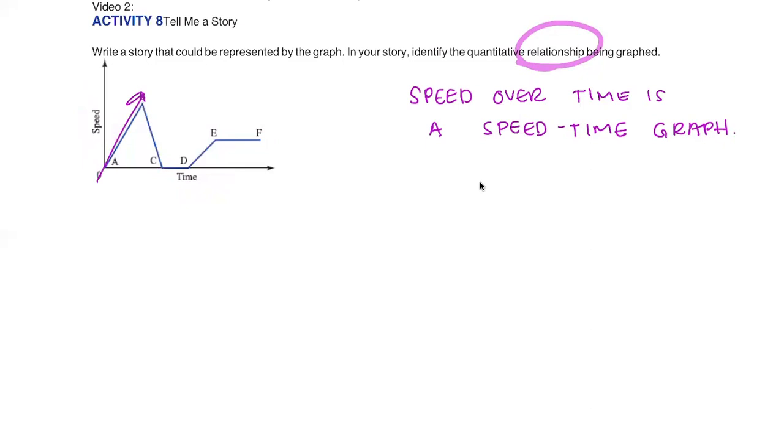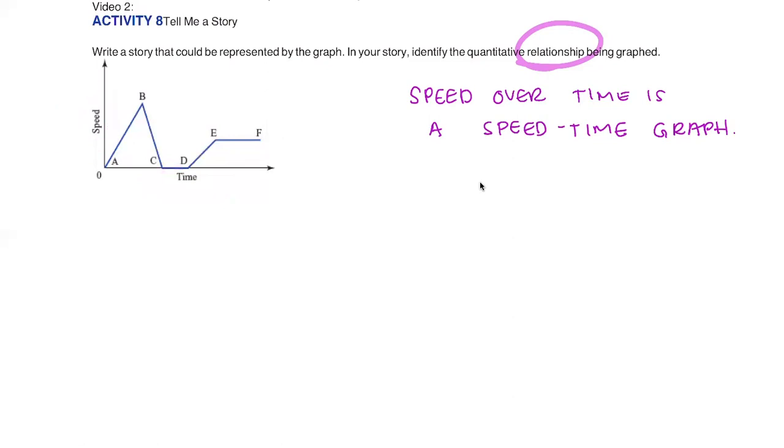However, this is not a distance time graph. It's a speed time graph. So we're not talking about going away or towards something. Between letters here, we are just quantifying how fast or slow or still we're staying.